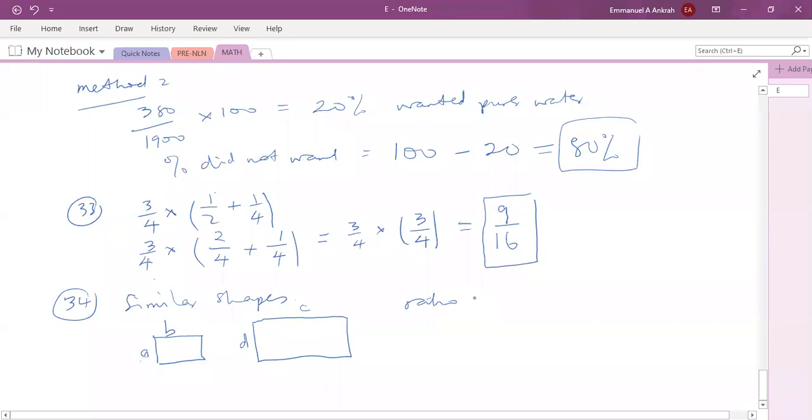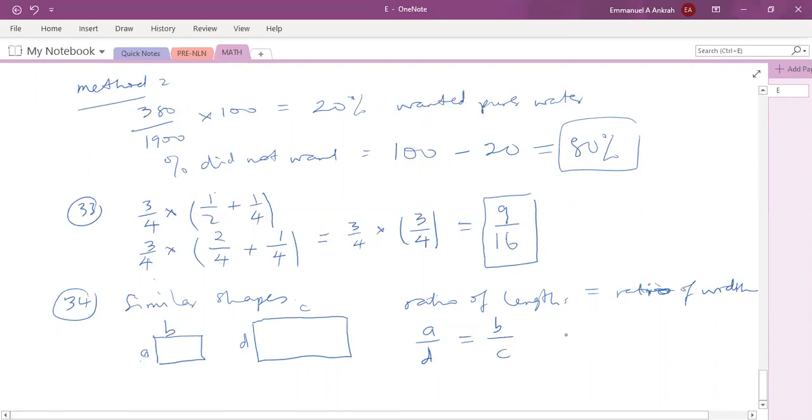The ratio of the length should be equal to the ratio of the width. So if I say the ratio of the short length A to the long length D should be the same as the ratio of the short width, which is B, over C, they should be the same if I compare the ratios.